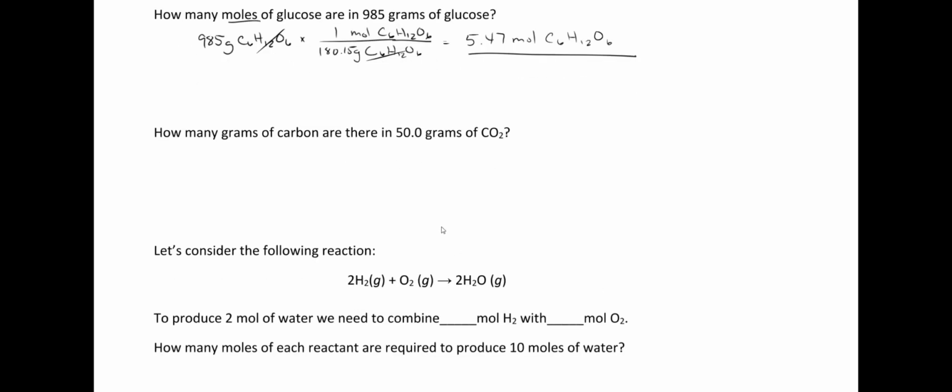Let's say we want to find the grams of carbon in 50 grams of carbon dioxide. Well, there's actually a number of ways we could do this. So let's first start by going from grams of carbon dioxide to moles of carbon dioxide.